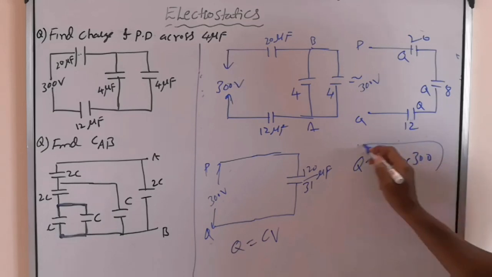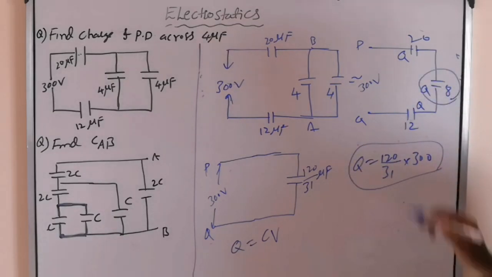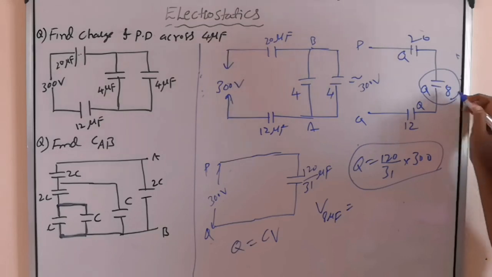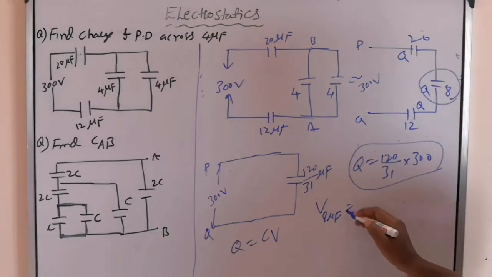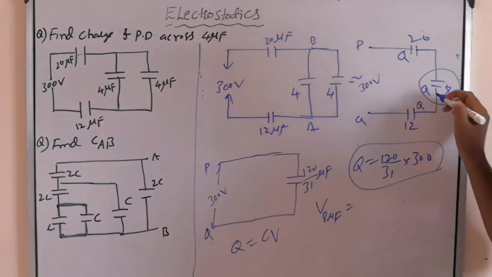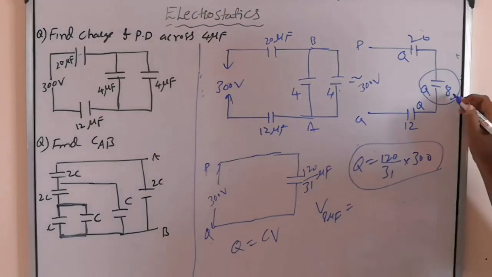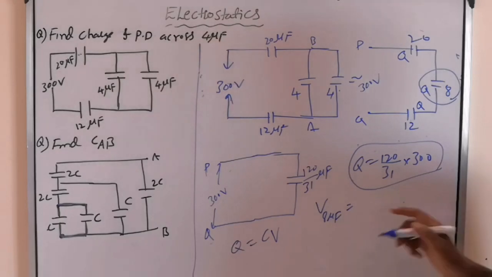So this is the charge on this also, right? So what is the potential on the 8 microfarad? What is this? The resultant of these two parallel capacitors. If you find the potential difference on this, the same potential difference will be on this and this, because this is the resultant of the parallel combination.